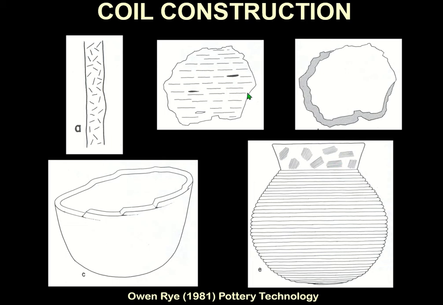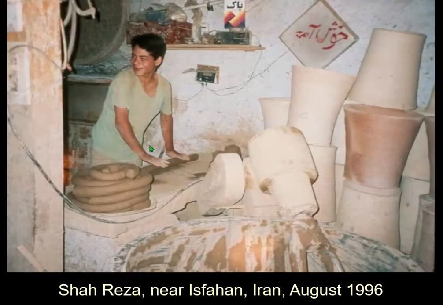But in this direction, they're made up of coils where the orientation would have all been going around in little circles. In fact, sometimes you can see little circles of inclusions within it. So that will give you some evidence that coil construction was involved.